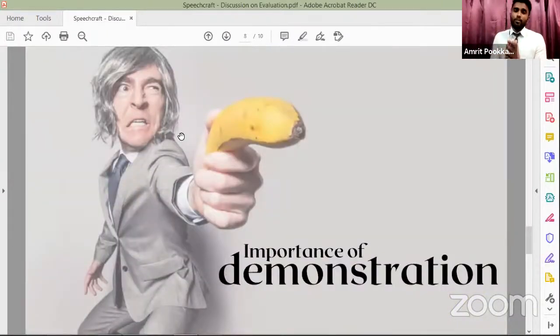This is probably the most important part. It's not all about suggesting, demonstrate it to them. When you say add more humor, it will connect to the audience. Don't just mention it and go.